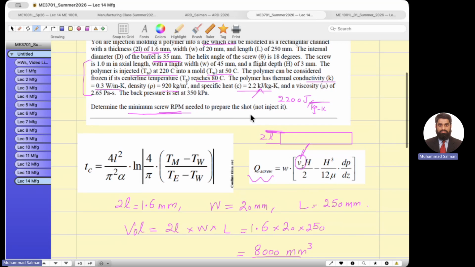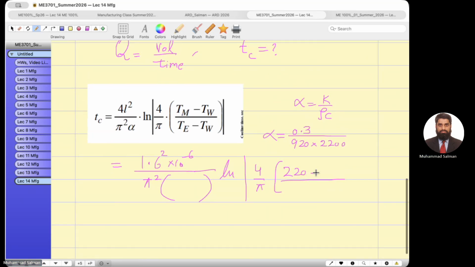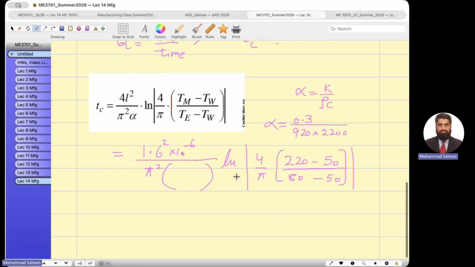So now you will calculate this. This is my alpha. If you do the math, the cooling time to prepare the shot, which you will use for finding Q, is 3.46 seconds. Can you find it out? Can you verify?